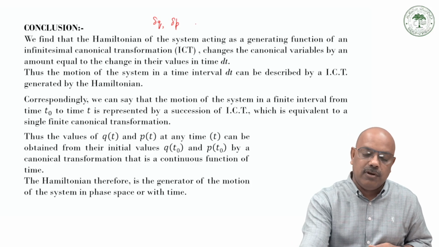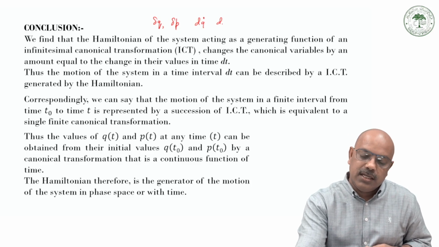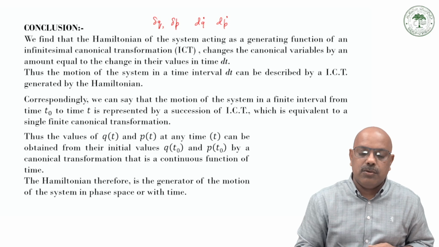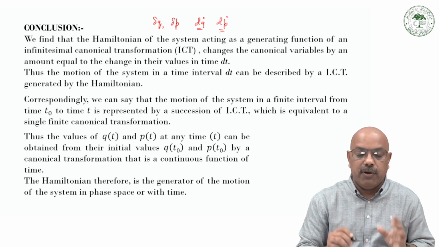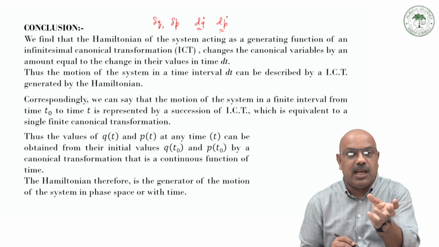That is, delta q is q dot dt and delta p is p dot dt. That is what you get if your generator is the Hamiltonian.